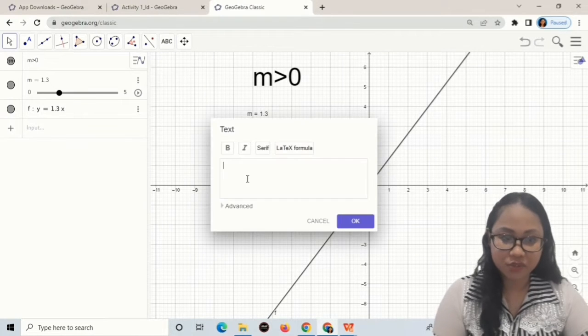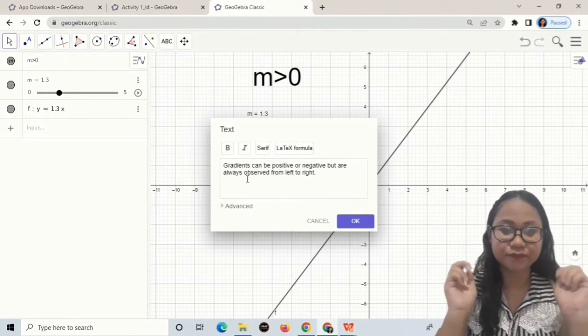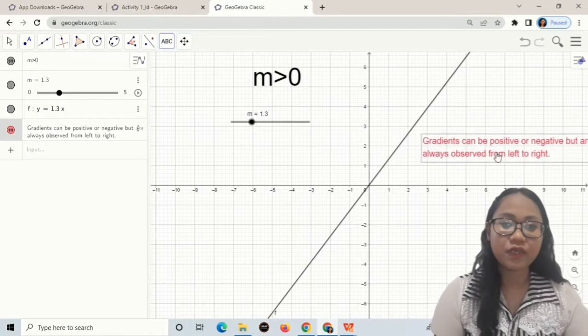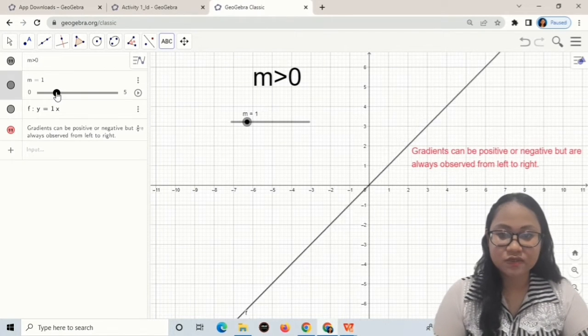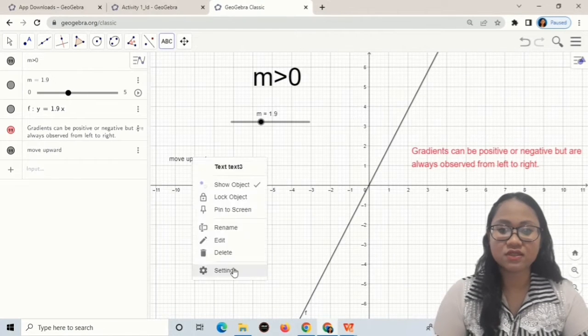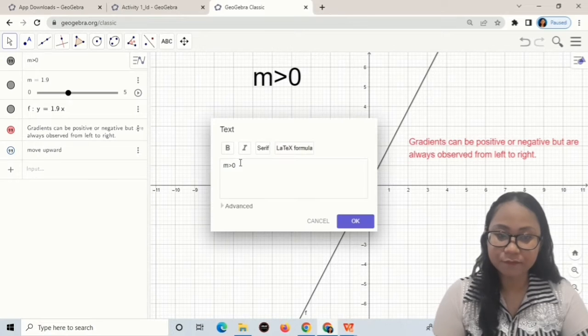For your information, we should observe the form of a straight line graph from left to right. In this graph, we can clearly see that the straight line is moving upward. Next, what will happen if the value of m becomes negative?